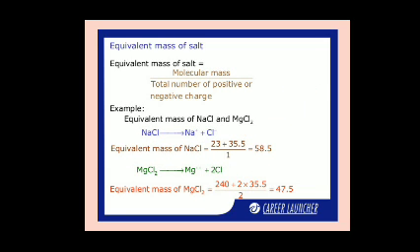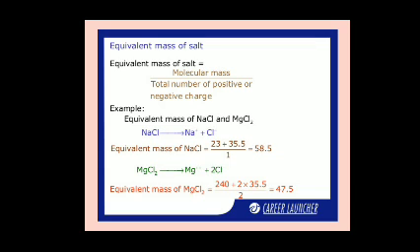Equivalent mass of salt. Equivalent mass of salt is equal to molecular mass by total number of positive or negative charges. Equivalent mass of NaCl and magnesium chloride. Sodium chloride: Na plus Cl minus. Equivalent mass of sodium chloride: sodium 23 plus 35.5 by 1, that is 58.5 by 1, that is equal to 58.5.